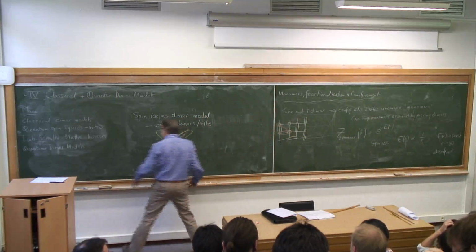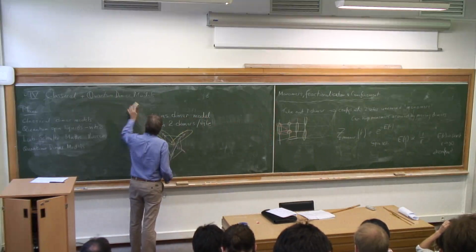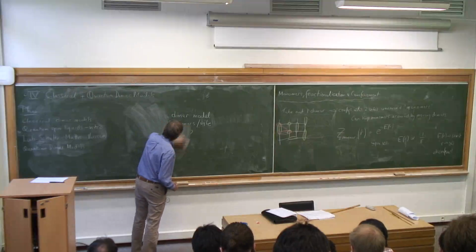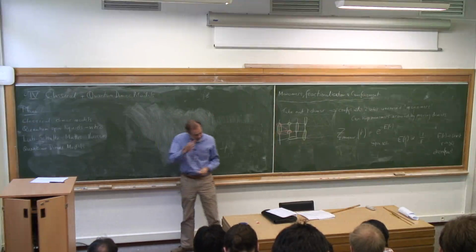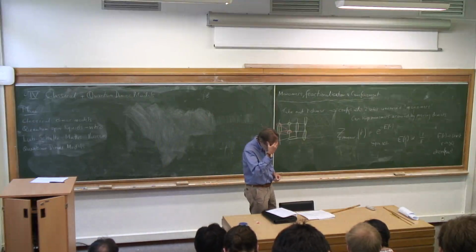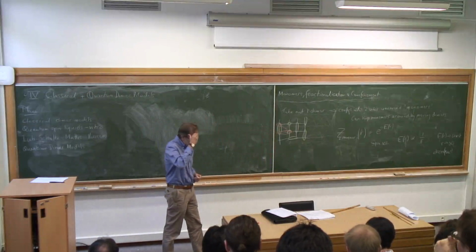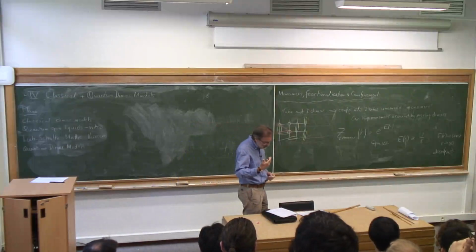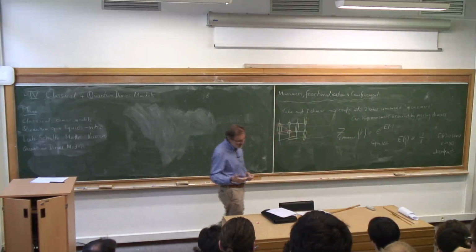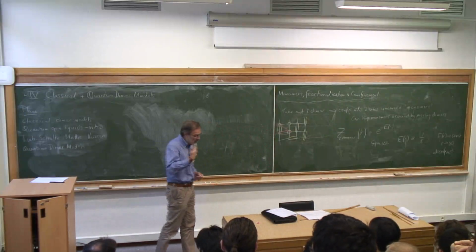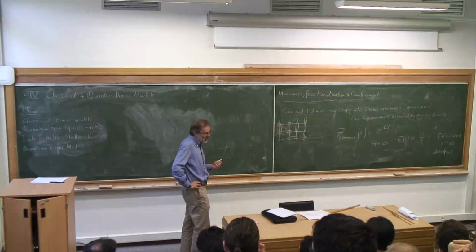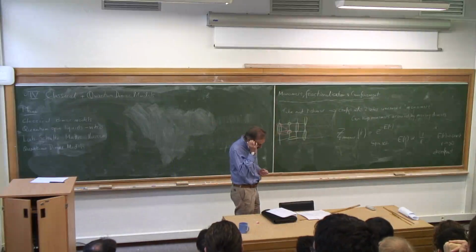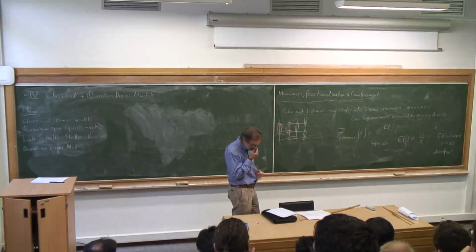The situation in two dimensions is a little different, and I might have talked about it when I was talking about the triangular lattice Ising model, but I ran out of time. So you remember there that we could have vortices in the height field which come about when we have excitations out of the ground state in which three spins in a triangle are all in the same orientation.